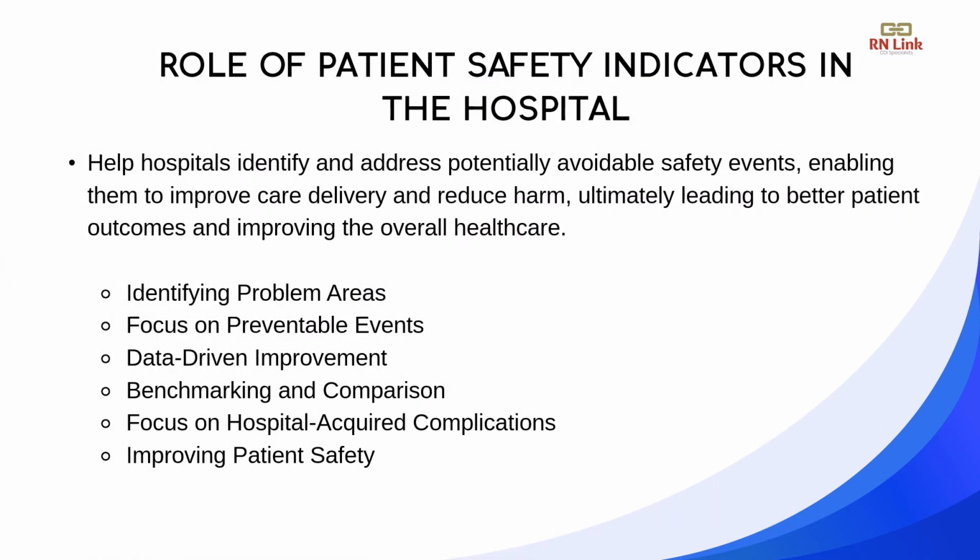Role of patient safety indicators in the hospital. They help hospitals identify and address potentially avoidable safety events, enabling them to improve care delivery and reduce harm, ultimately leading to better patient outcomes and improving overall healthcare. 1. Identifying problem areas. 2.